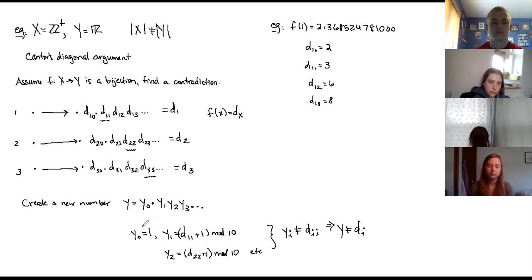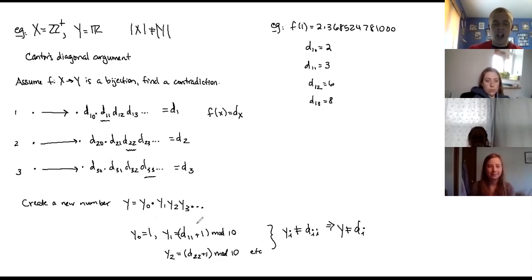Each of these has a different number in each of the places after the decimal point. So y is not equal to d sub i. Give me a thumbs up, tell me you see why y is not equal to d sub i. We're good, we're seeing that changing after the decimal point, kinda, sorta, maybe.